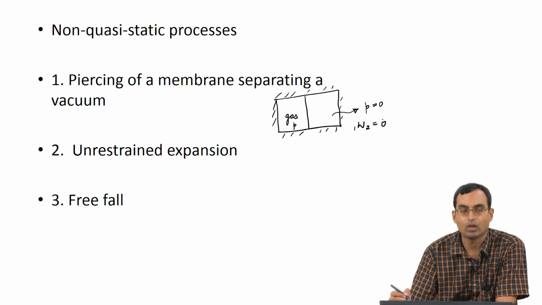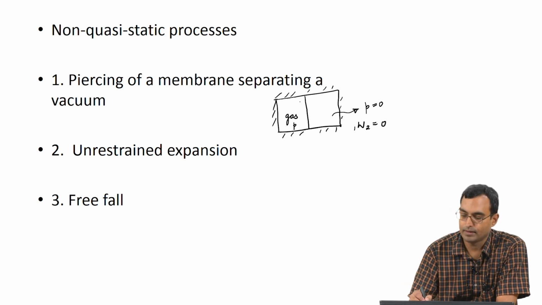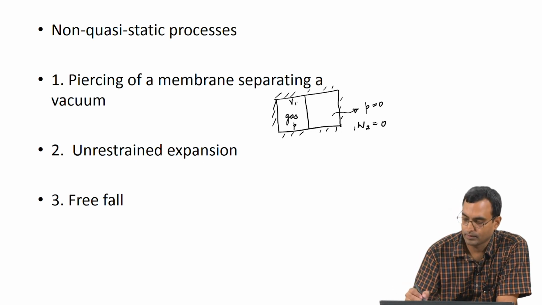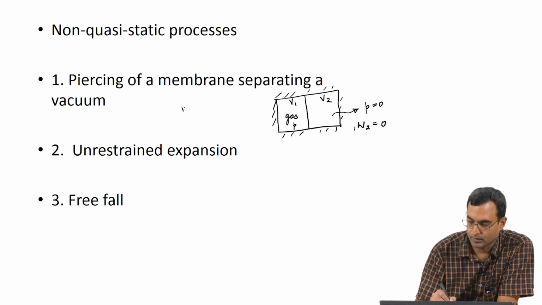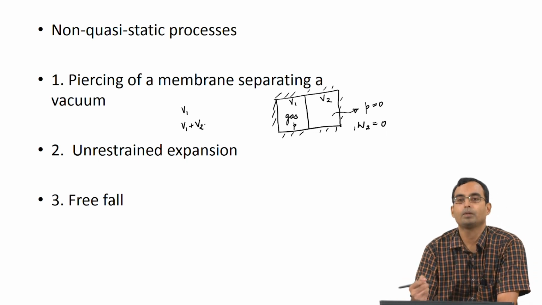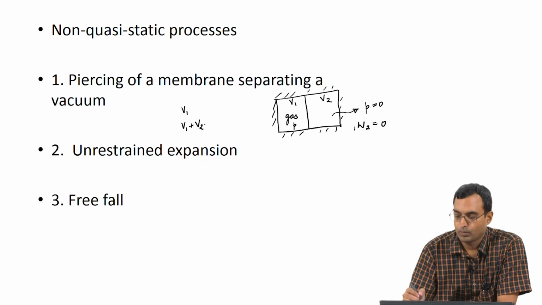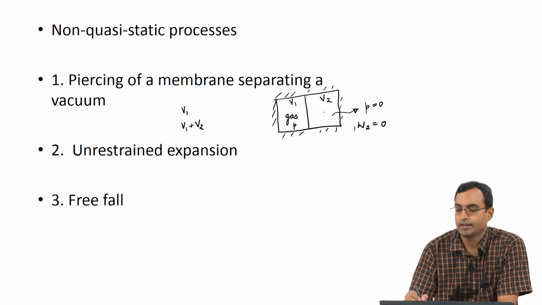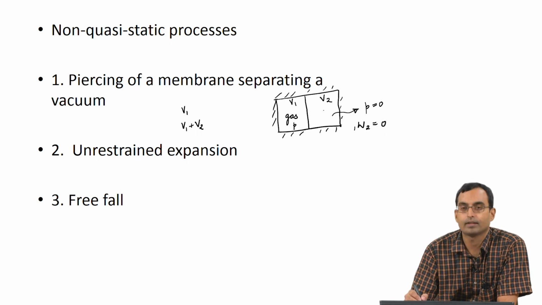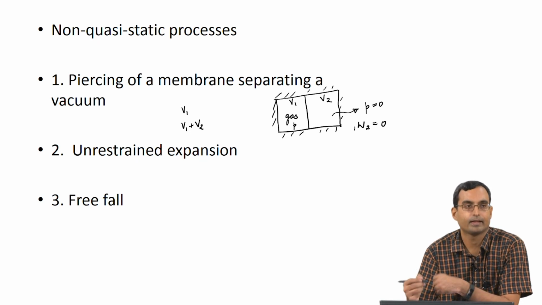So, we see that the volume has increased. This gas was initially occupying some volume V1, let us say this volume is V2. So, the initial volume of the gas was V1, the final volume for the gas is V1 plus V2. So, the volume has increased, but there is no resistance for this gas to flow and occupy this volume, plus there is nothing here to which it can give work or from which it can get work.